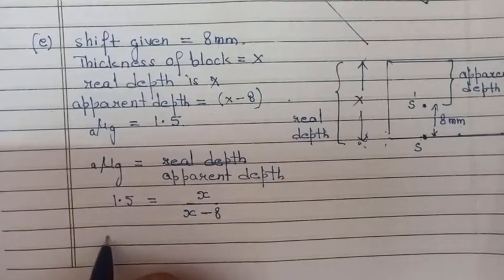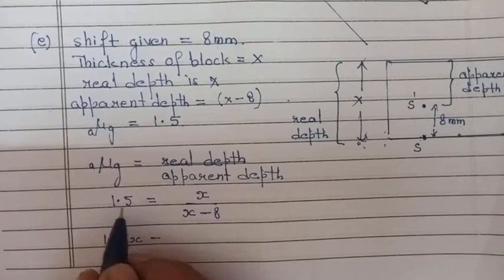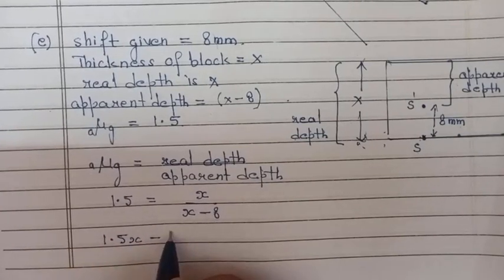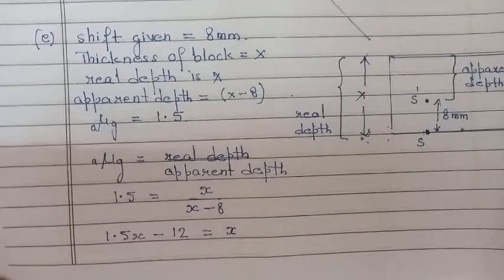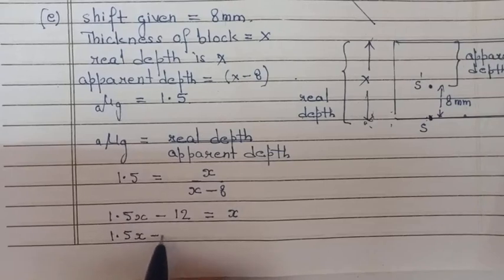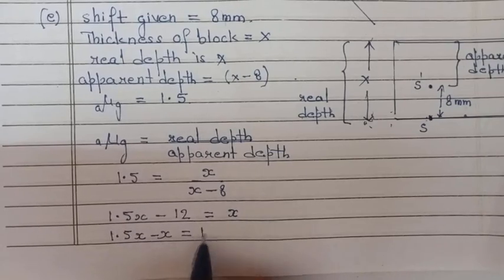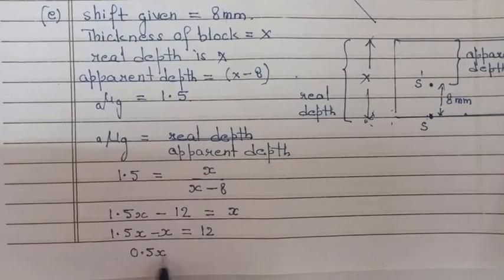If I cross multiply, I get 1.5X minus 8 into 1.5, which is 12, is equal to X. So 1.5X minus X is equal to 12. So 0.5X is equal to 12.